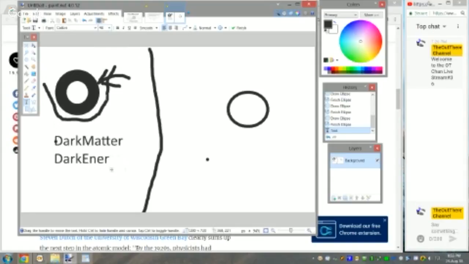We've got the ether, and we've got radiant energy. So to me, the ether, over this model here of Tesla's, is really what they're calling dark matter.